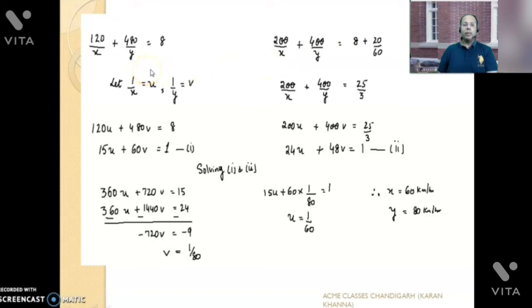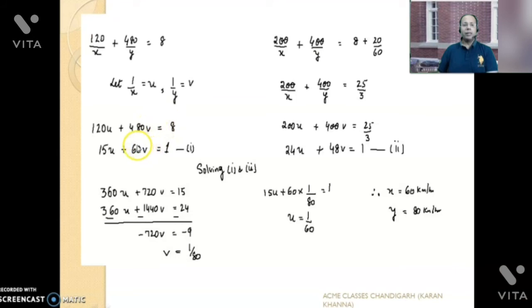Now the problem is that there are x and y in the denominator. There is only one method to solve such equations: let 1 upon x be u and 1 upon y be v. So the equation above will convert to this format. 120 upon x will be 120u, 480 upon y will be 480v, and 8 will remain as 8.